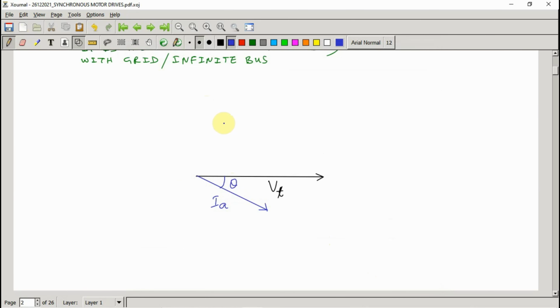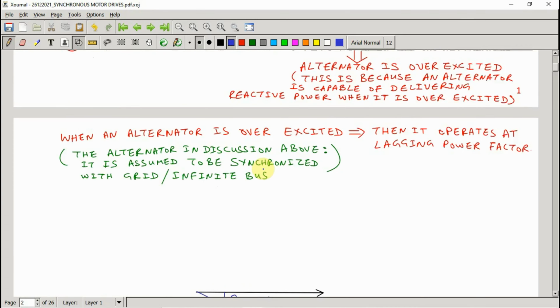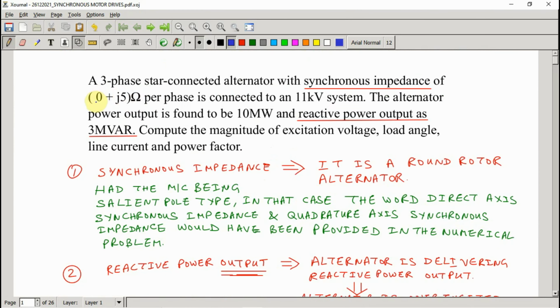Now, what I am saying is that we have been provided the synchronous impedance, as you can see in the problem statement on the screen, given as 0 plus j5. The 0 stands for the resistance part, the real part.